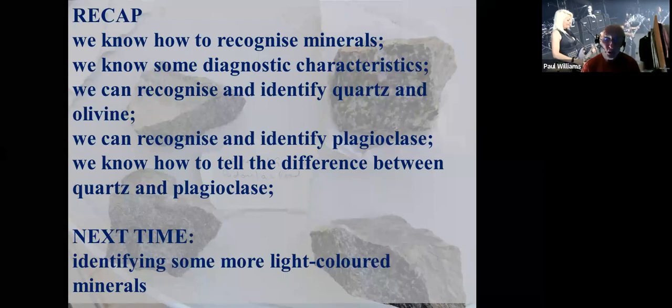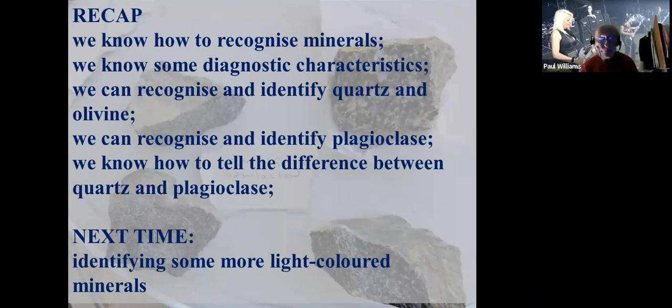And we've learned to identify plagioclase. And crucially, we can tell the difference now between quartz and plagioclase, or at least we've had the training to be able to allow us to tell the difference between quartz and plagioclase.